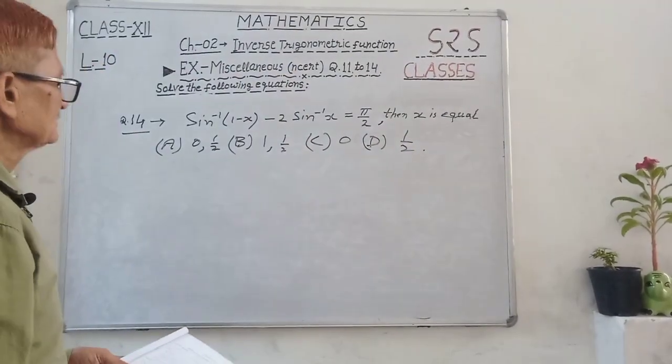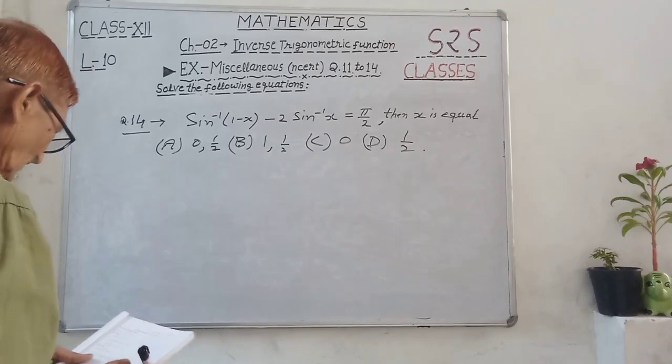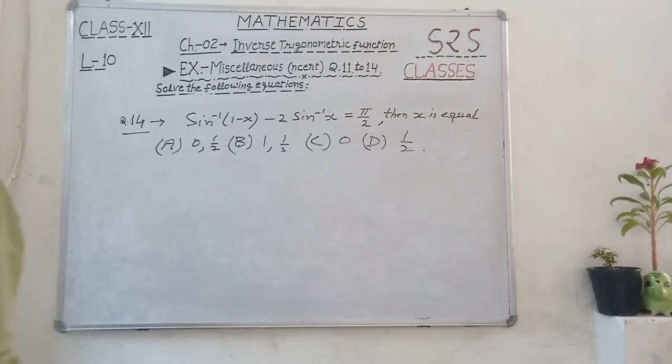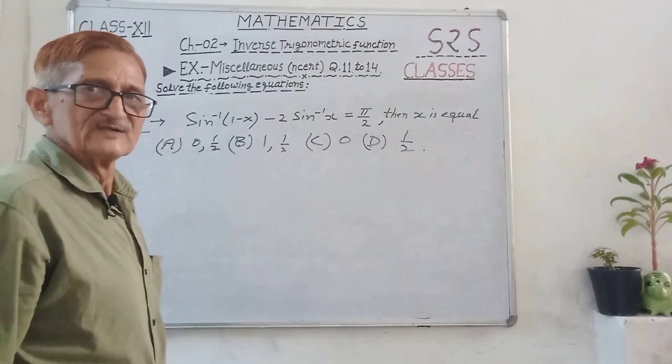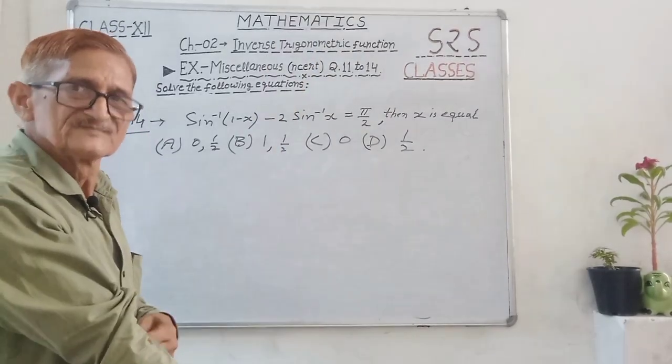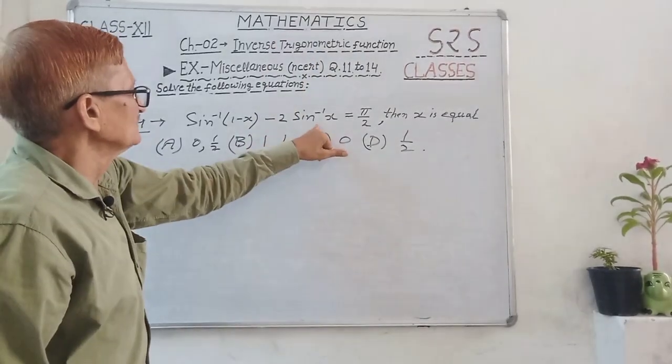Okay, these options are given. Now see this: sin inverse minus 2 sin inverse equal to pi by 2. Understand? Now we can use the formula for 2 sin inverse x.